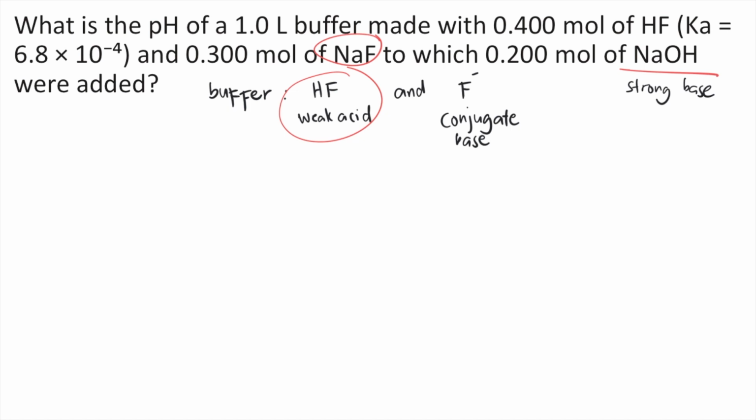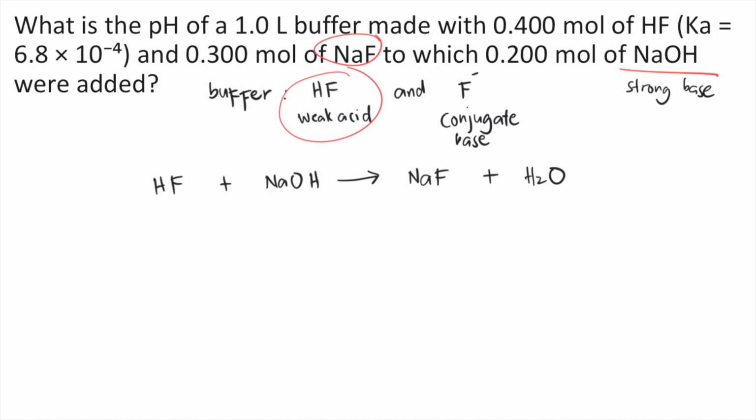So when you put NaOH into the buffer, the NaOH, a strong base, will react with HF, an acid. Okay, so you need to write the reaction between HF and NaOH. So HF plus NaOH. Remember, when you react an acid and a base, the products are the salt, NaF, sodium fluoride, plus water.